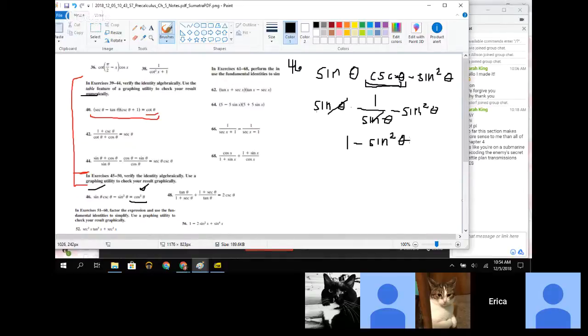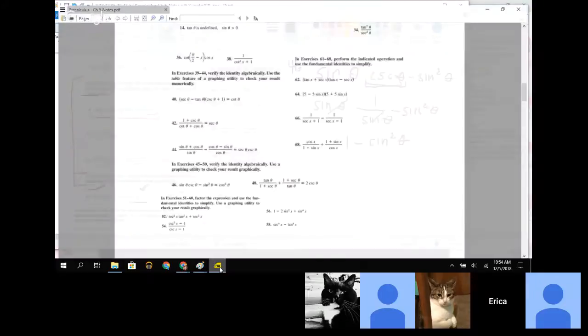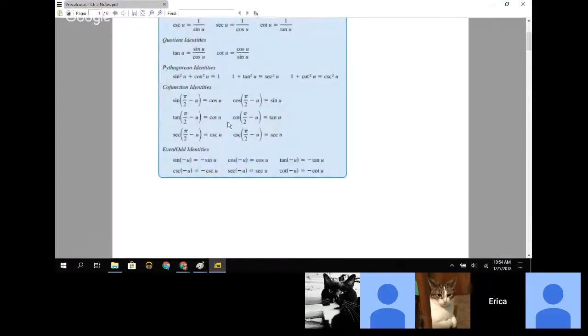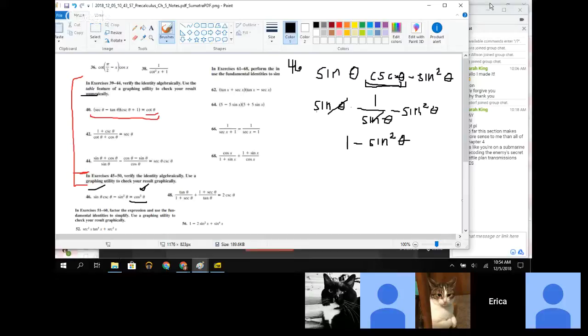So if I look at my Pythagorean identities way back here, I know that sine squared plus cosine squared equals 1. So if I subtract sine squared from both sides, 1 minus the sine squared is the cosine squared. So another way of writing this is the cosine squared of theta.